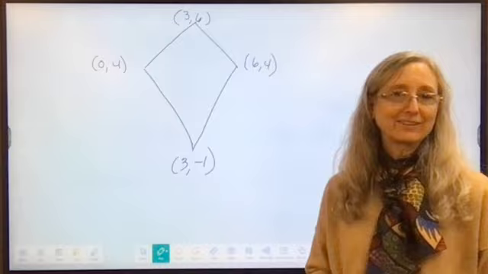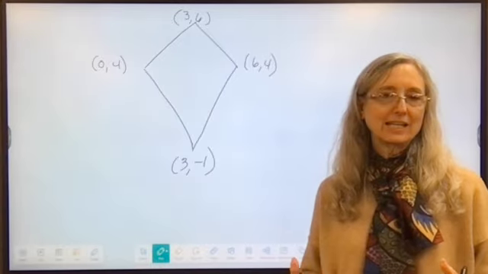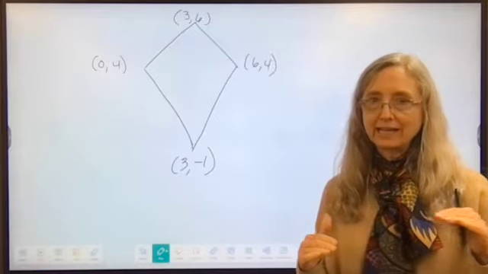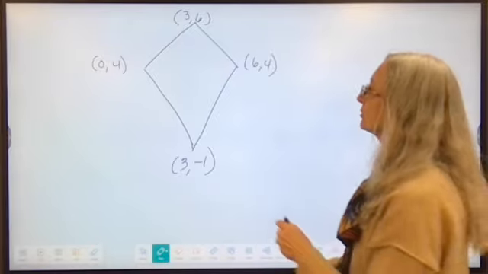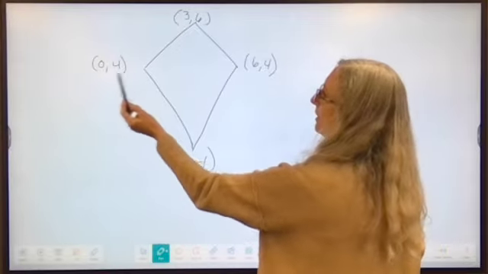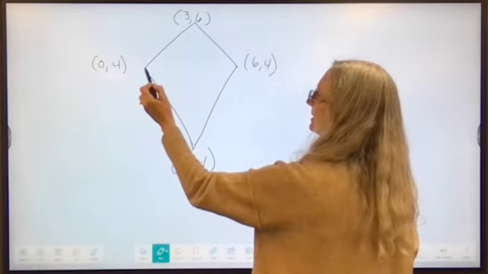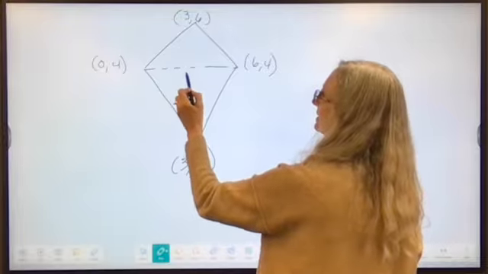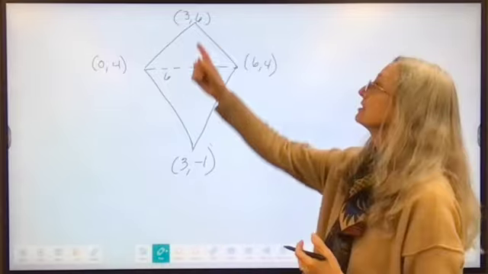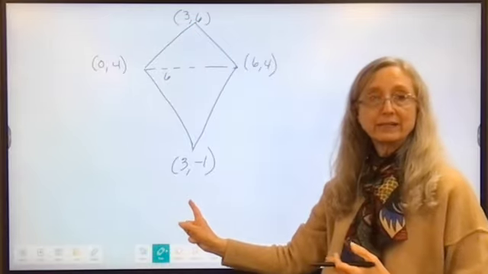Okay, the area of a kite is just like the area of a rhombus. It's 1/2 diagonal times diagonal. So I'm looking for the length from 0,4 to 6,4, and it's from 0 to 6. This diagonal is 6. The other diagonal is the distance from 3,6 down to 3,-1.